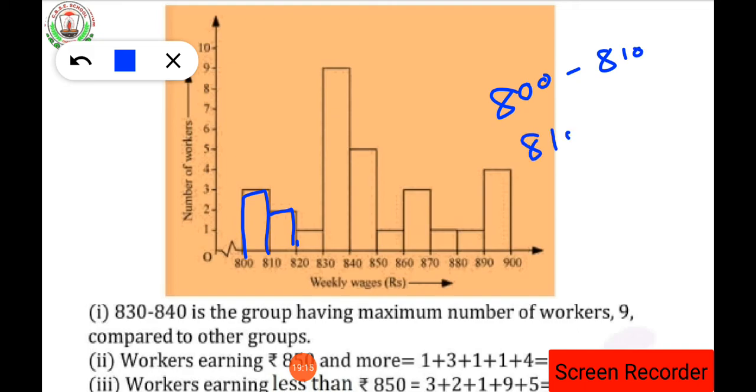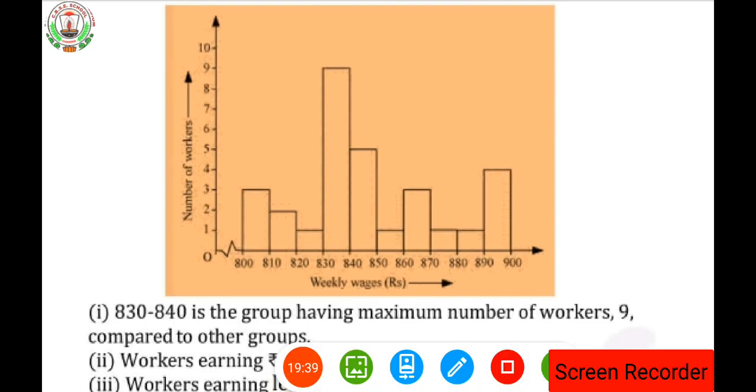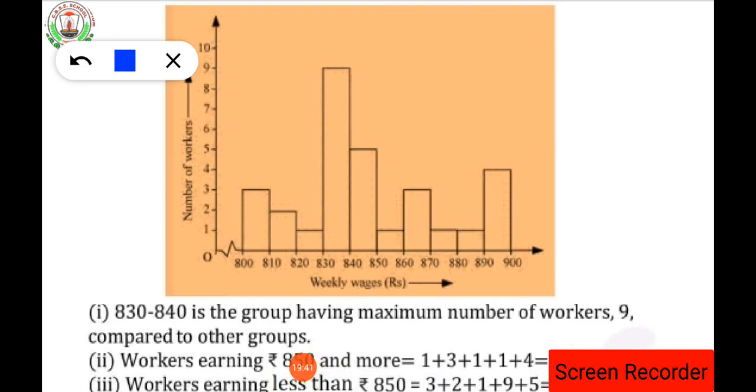Then the second class interval is 810 to 820. So this 810 is going to come in the second interval. This is the first interval, this is the second interval. So the interval number 810 is being counted in the second interval. For this reason the two bars are being joined with each other.